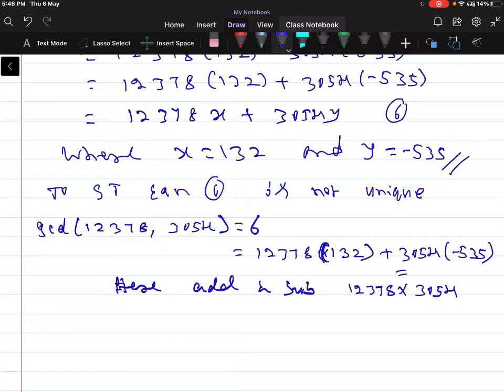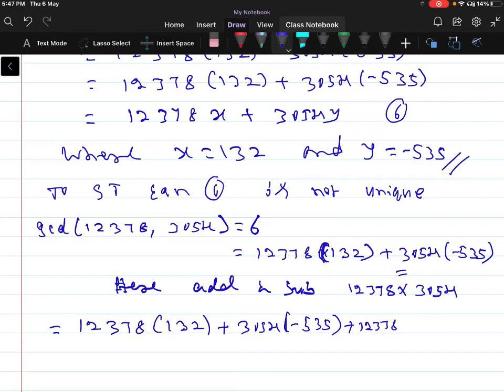So this is equal to 12378 into 132 plus 3054 into minus 535, plus adding 12378 into 3054 and subtracting 12378 into 3054.